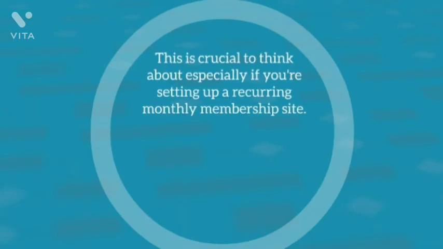And this is a crucial thing to think about, especially if you're trying to set up a monthly recurring membership site where you earn profit every single month. The reason being, if you want to do drip feeding, you need to know that ahead of time. Fortunately, the software that we will be using does offer some of these functionalities.